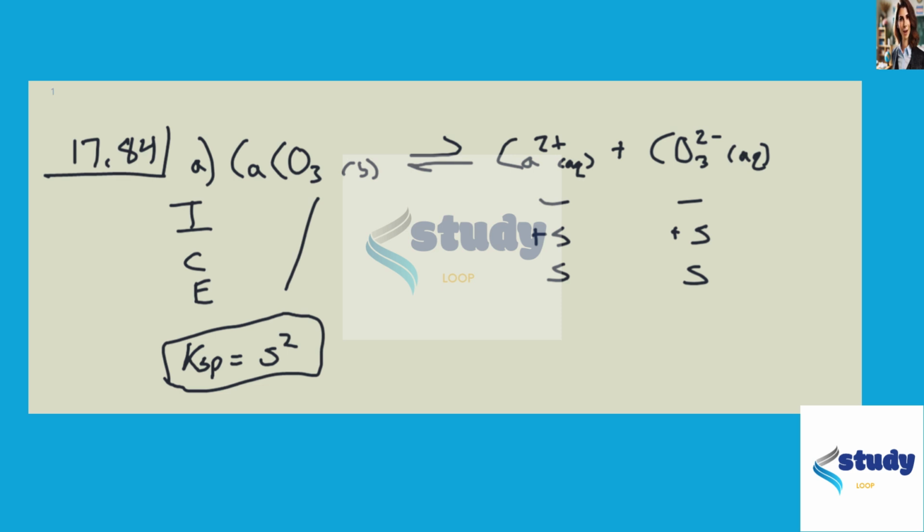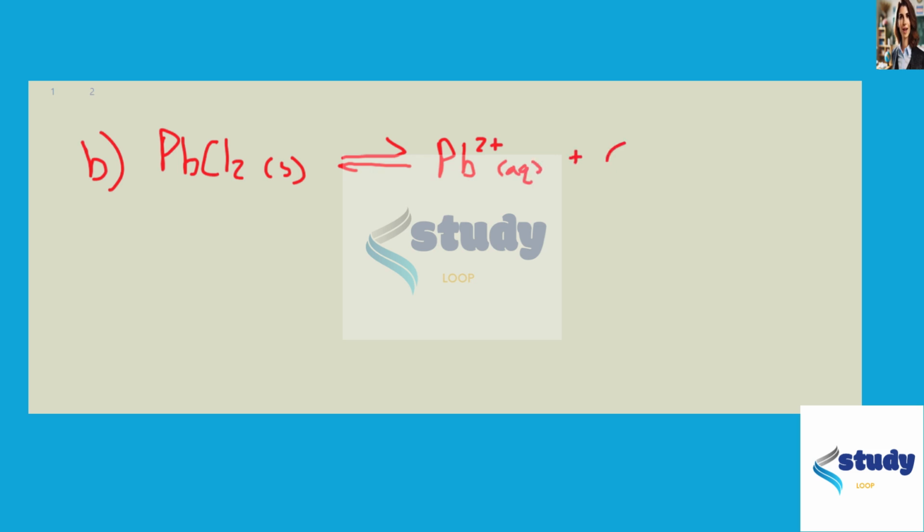So we can move on to part B now, where we have lead chloride, PbCl2. This is a solid and could potentially dissolve to form lead 2 plus aqueous and 2 Cl minus aqueous.